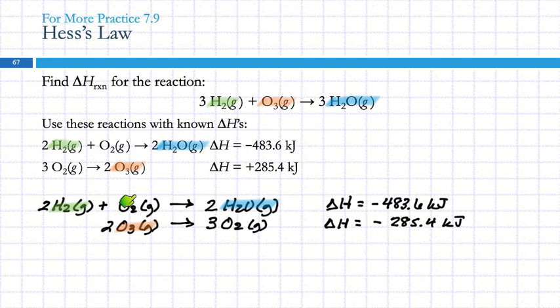So if I multiply this top reaction by 3, then my oxygens will cancel out. Yeah? So this will be times 3. So this becomes 6, and that's 3, and this is 6, and then I'm going to multiply this also by 3.